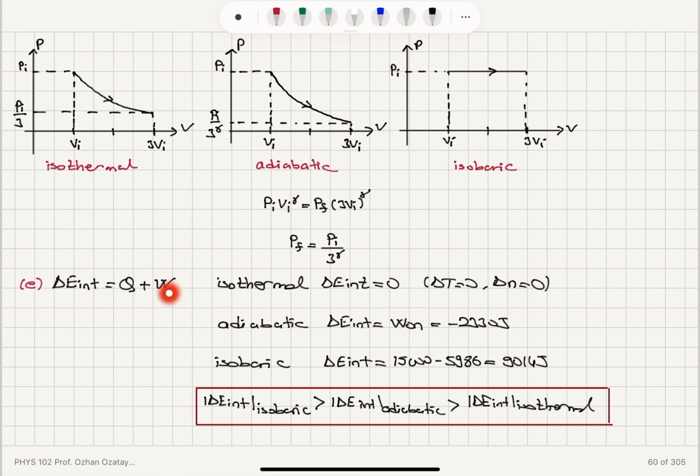And finally, for the internal energy change, isothermal process, by definition, delta T is 0, and if there's no gas molecule leaking out, internal energy change is 0. Adiabatic process, the internal energy change is equal to the work done on the gas because heat added is 0. So that's minus 2330 joules. Isobaric process, there is both work and heat.